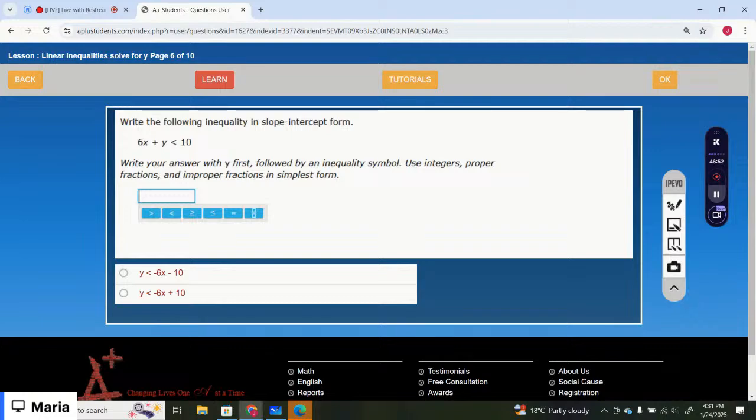So which is the correct option? That is y is less than negative 6x plus 10. Okay, you can complete the lesson by yourself later today. Let me just move on to the next lesson.